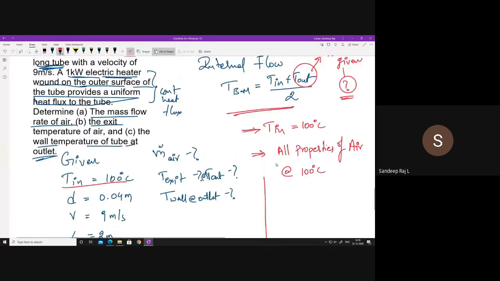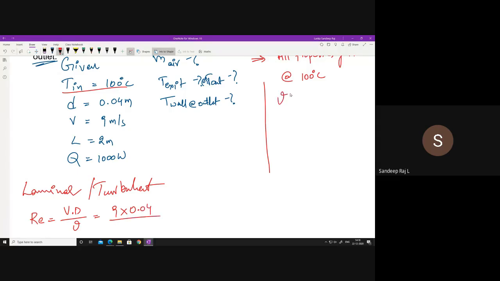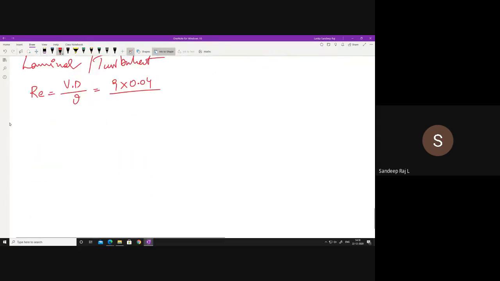So next thing to do, find whether it is laminar or turbulent. How to find that? You have to go for the Reynolds number, V d by mu. V value is given as 9, D value is given as 0.04, nu value you don't know, you have to get it from the data book.